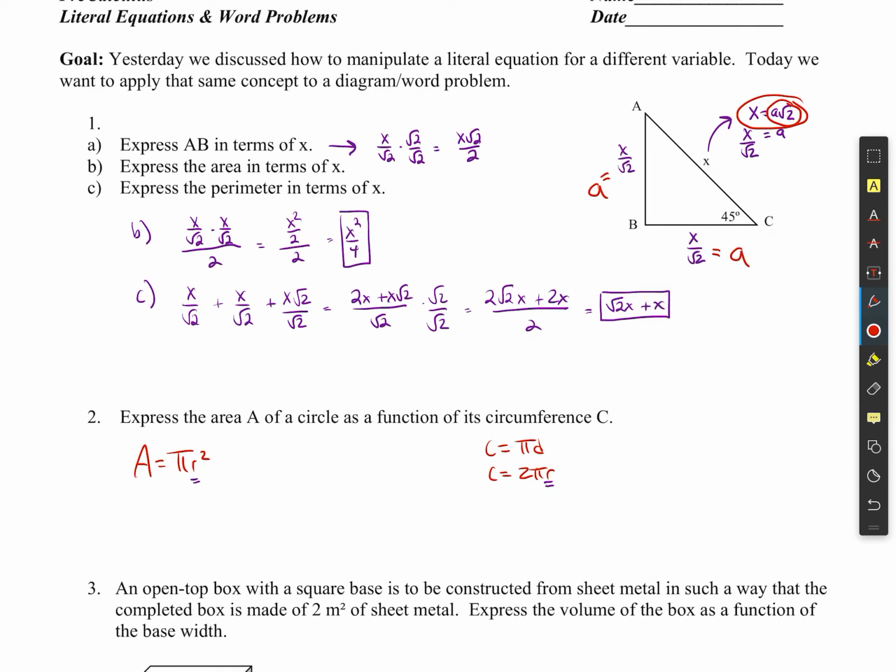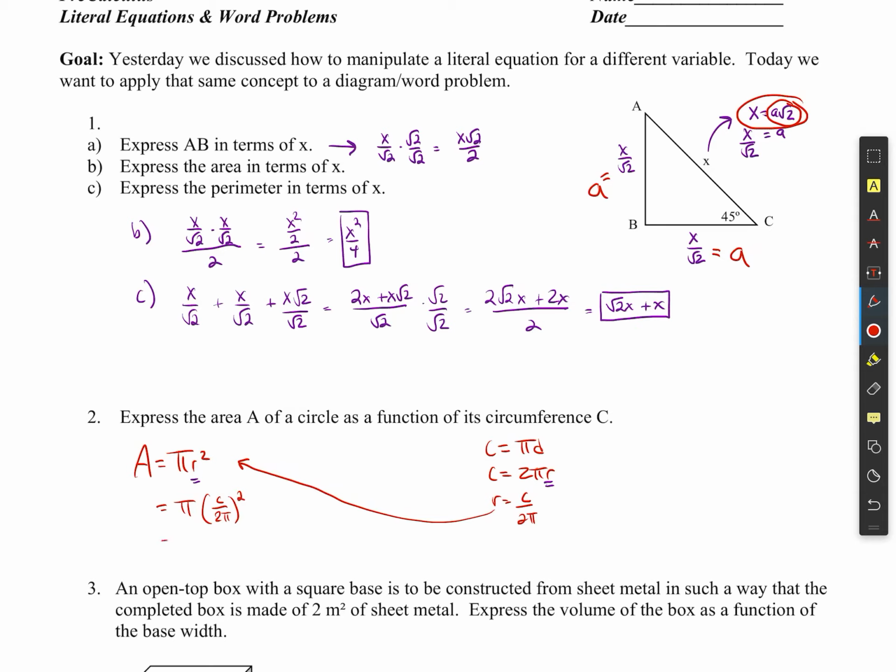So if I divide by that, r equals circumference over 2 pi. I can now plug this in. So area equals pi times c over 2 pi, squared.